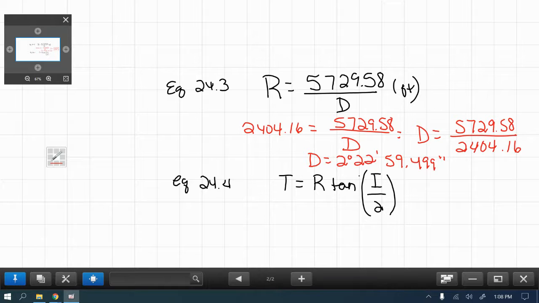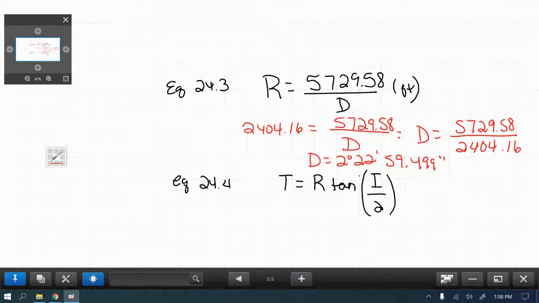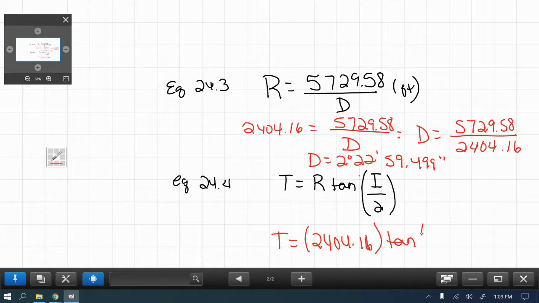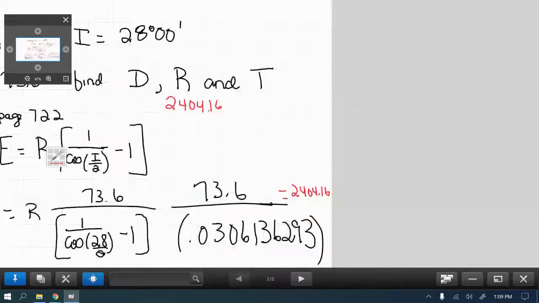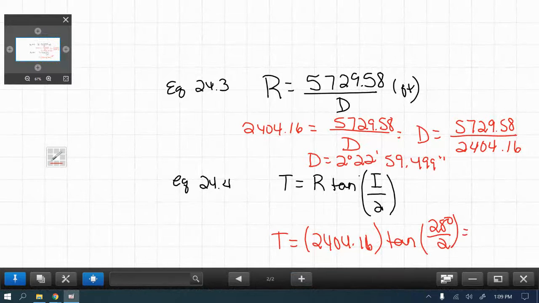Okay, and now I have I, so T equals R, which is 2404.16 times the tangent of I, and that's 28 degrees, divided by 2.